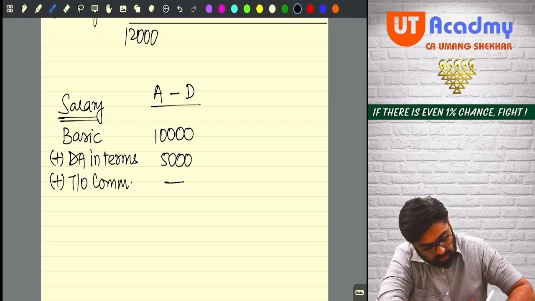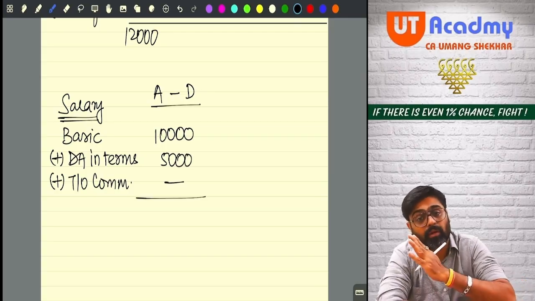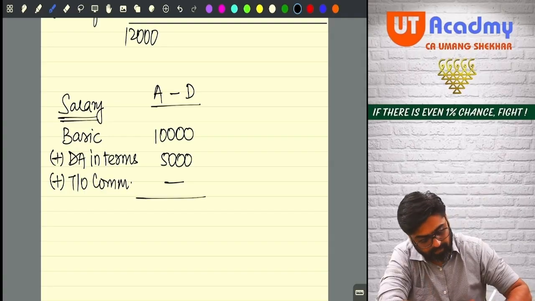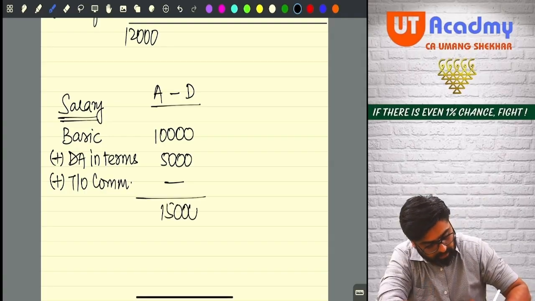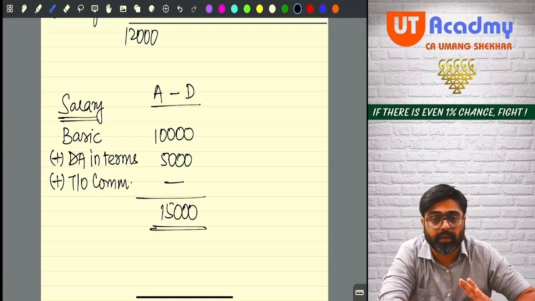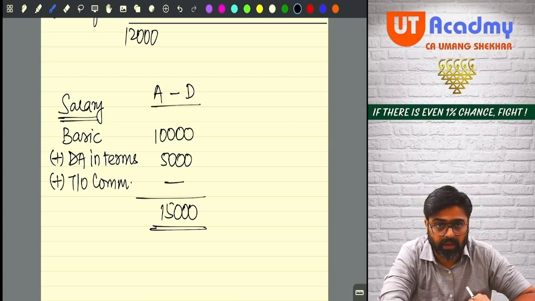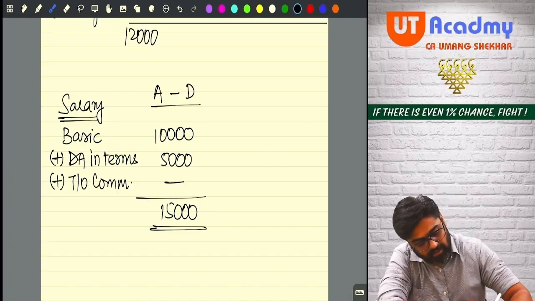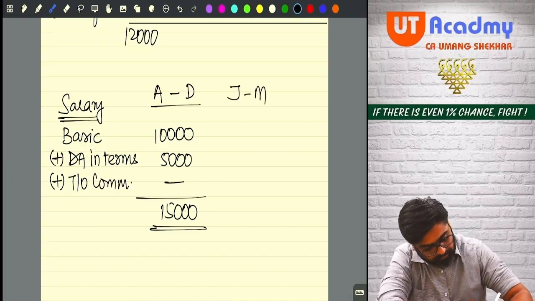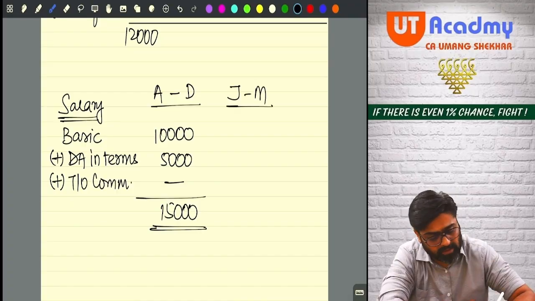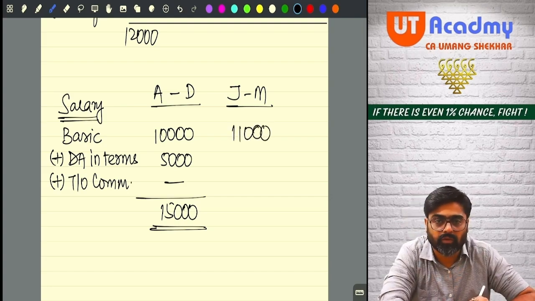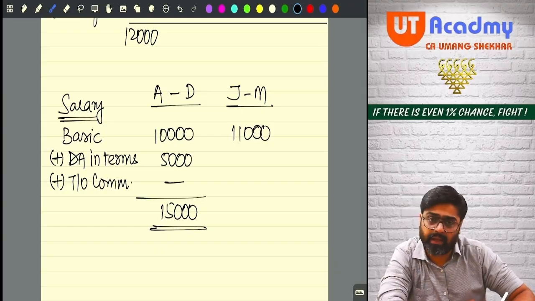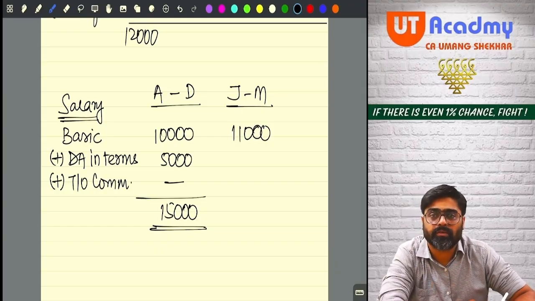And there was no turnover commission here. So salary from April till December will be 15,000. And this will be the salary for the calculation of HRA exemption. From January to March, my salary is increasing by 1,000, meaning my basic will be 11,000 and DA will be 11,000, but out of that only 50% is in terms.